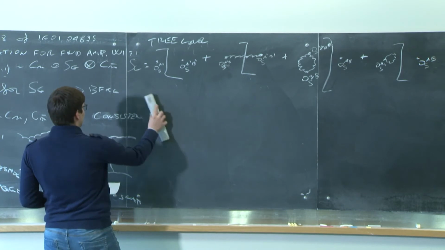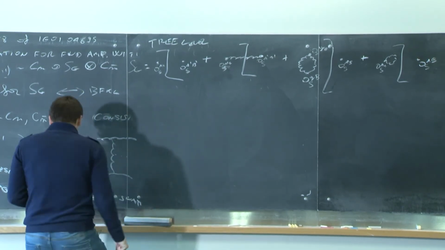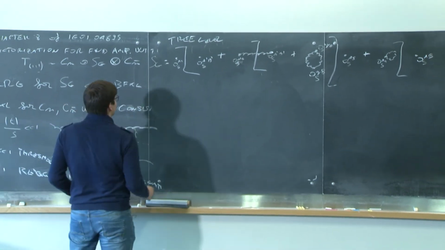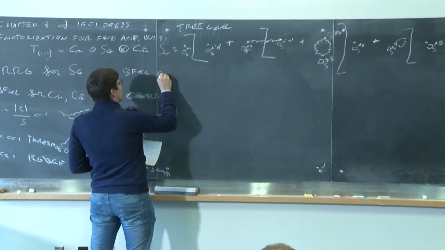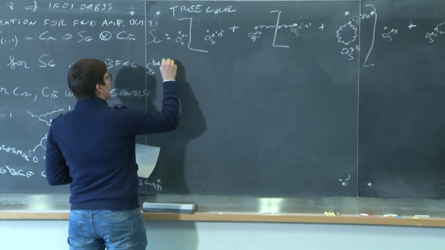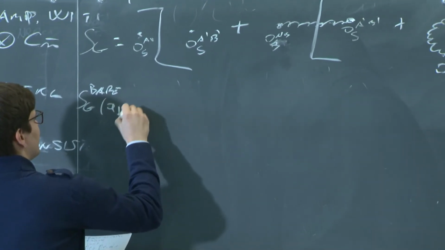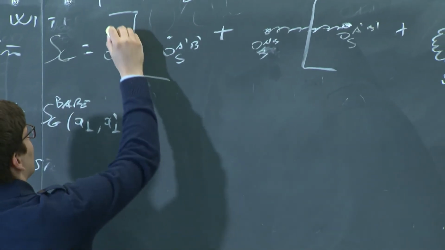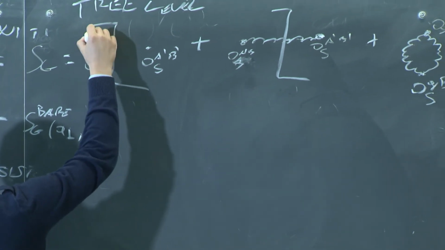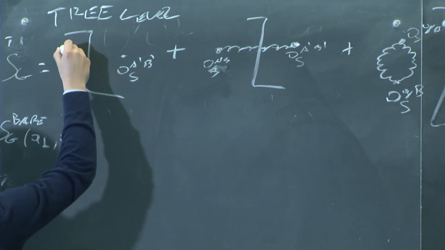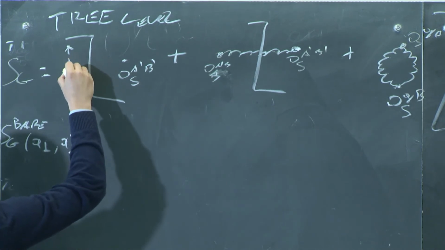So that part is not actually changing. And the result is that S_G bare depends in general on Q perp and Q perp prime, which is actually like the momentum that is routed out of these vertices.